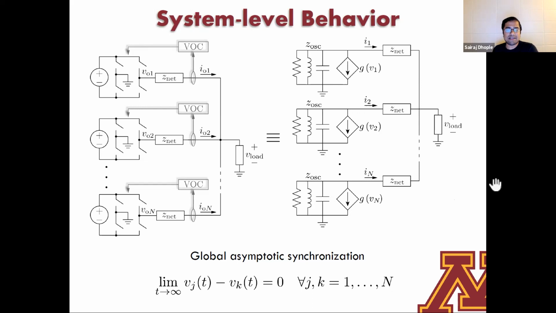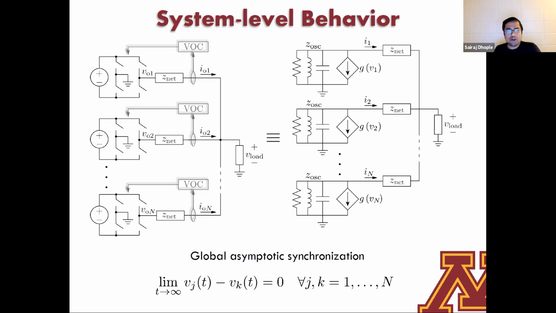So now you see this RLC circuit coming through, and this nonlinear voltage dependent current source, this function G, and the rest of the network remains the same. It turns out that we have a condition for global asymptotic synchronization in this particular parallel setting. What this means is that asymptotically, all pairwise differences of all voltages are going to go to zero, circulating currents between inverters are going to go to zero, and I'm going to realize a sinusoidal waveform that's perfectly synchronized at the load terminal.